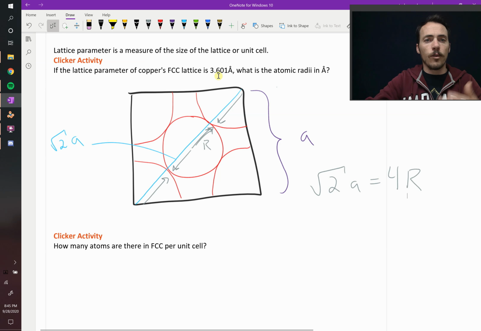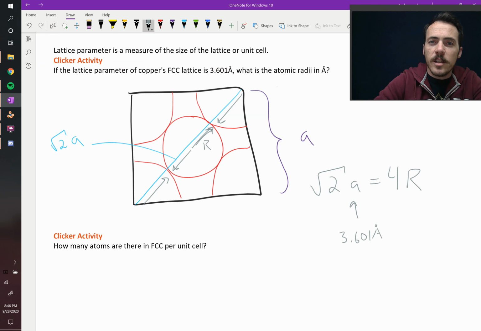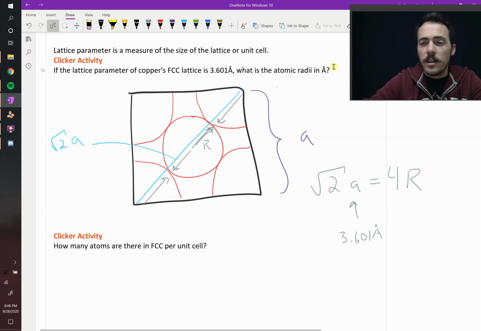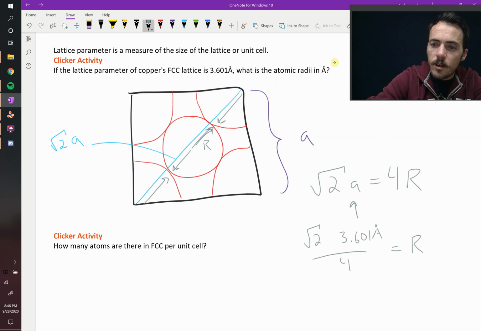So in this case, for copper, for example, it says if the lattice parameter is 3.601 angstroms, right? It says what is the atomic radius of copper in angstroms? Great, we can do this. Square root of 2 times that, divided by 4, equals our radius.